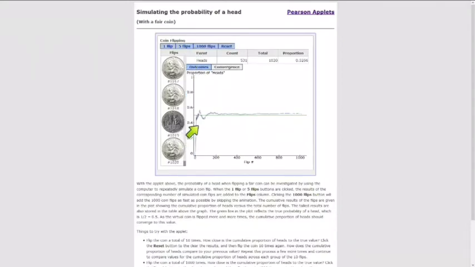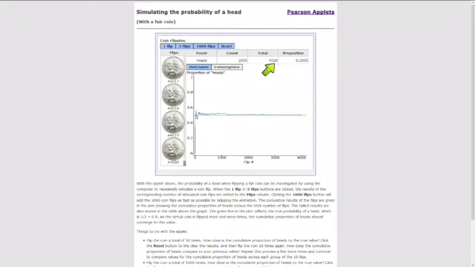Okay, at 1,000 times you can see that the graph begins to hone in on this 0.5 line. Right now at 1,020 flips we have 0.5206 proportion of heads, and let's flip a few more 1,000 times.